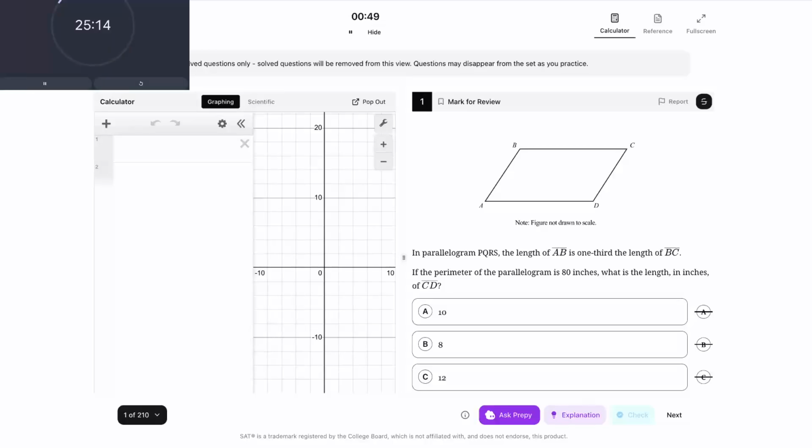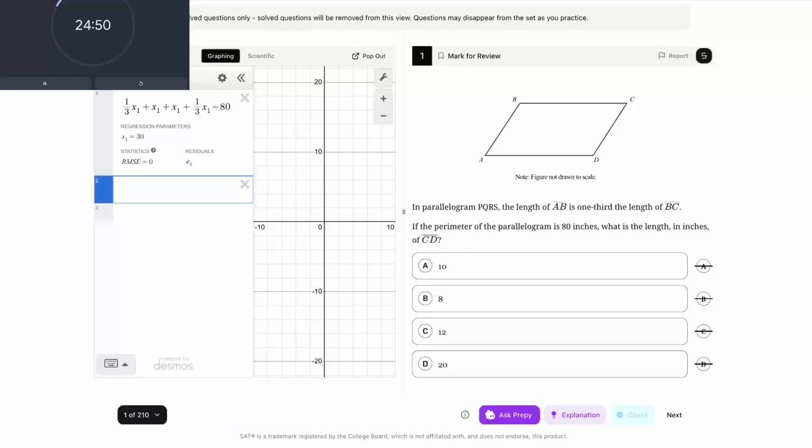Basically it's saying that 1/3 of x plus x plus x plus 1/3 of x is equal to 80. But to do this, just use regression again. I think regression is the best thing that I ever made in Desmos, in my opinion.